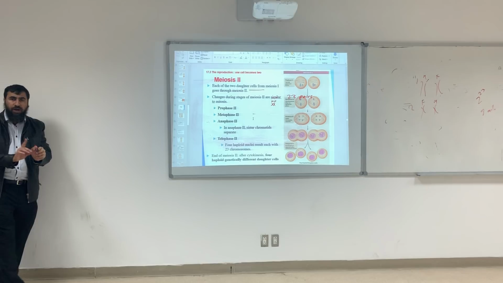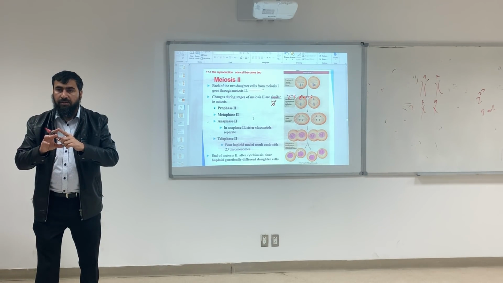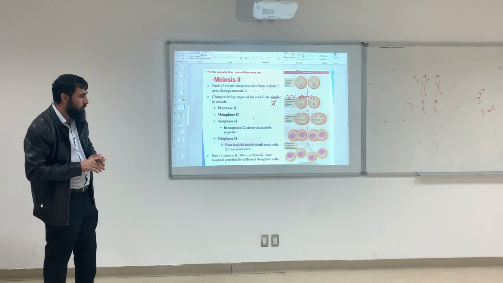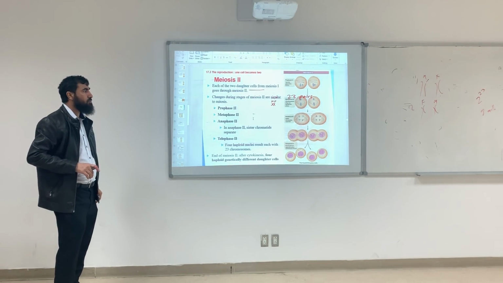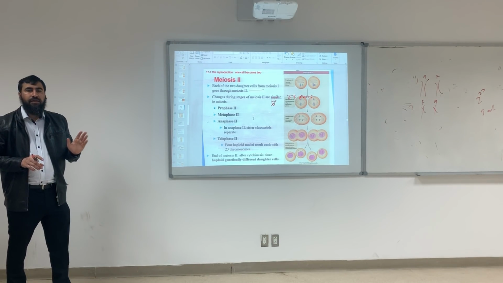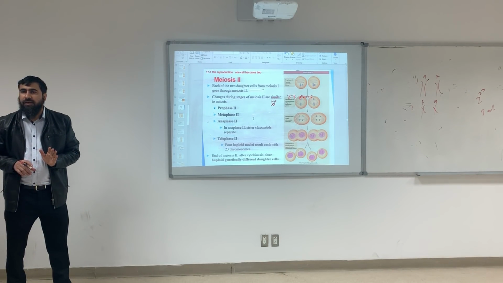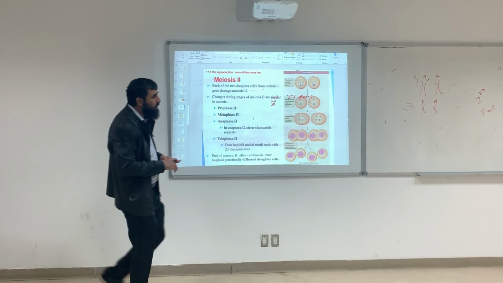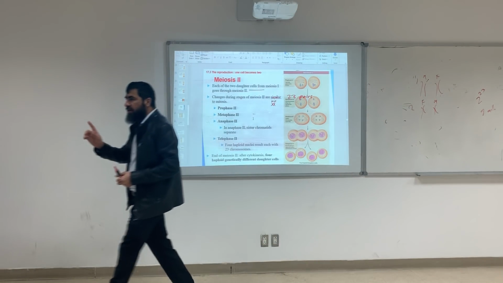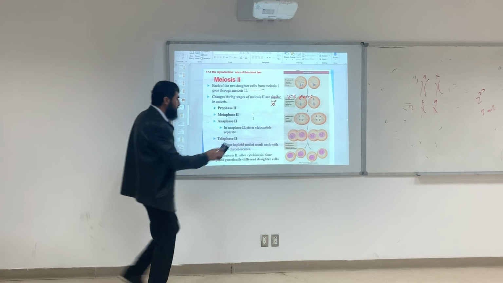So we understand in meiosis 1, homologous pairs separate, crossing over happens, and also we're getting some reshuffling of the chromosomes. Meiosis 2 is exactly similar to mitosis, except with fewer chromosomes, 23 chromosomes, okay? So instead of 23 pairs, we got 23 duplicated chromosomes.